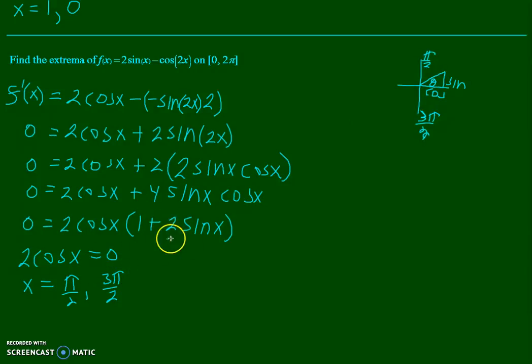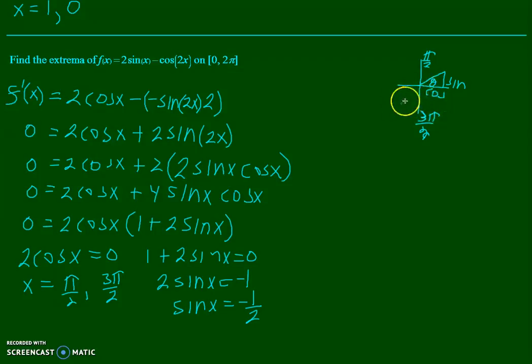So now, this one. So 1 plus 2 sine x equals 0. Simplifying this, we have 2 sine x equals negative 1. Sine x equals negative 1 half. And sine is negative here and here.